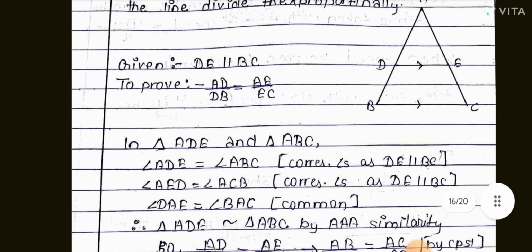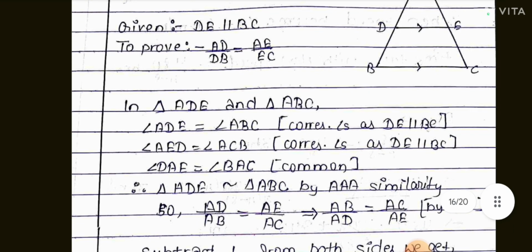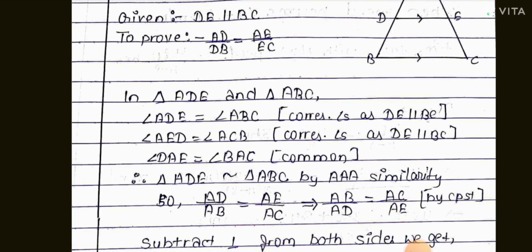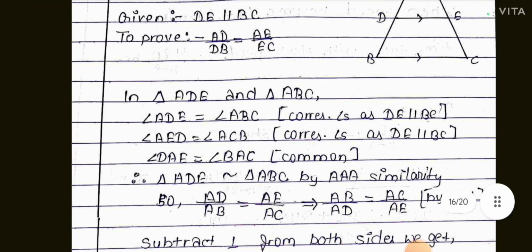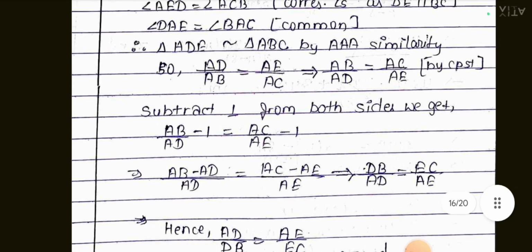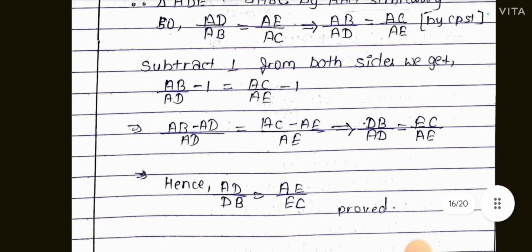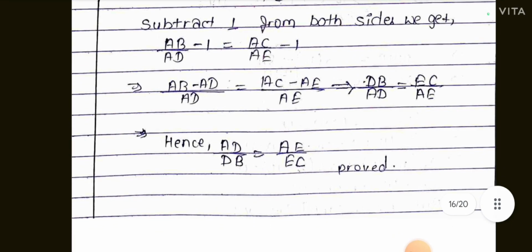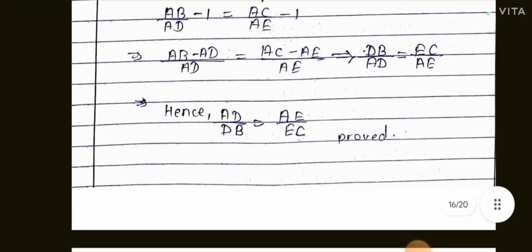Then AD by AB equals AE by AC, by the property of similarity. If we take the reciprocal of them, AB by AD and AC by AE, and subtract 1 on both sides, we will get DB by AD equal to EC by AE. Again taking the reciprocal, AD by DB equals AE by EC. It is proved. In this way we can prove question number 33.